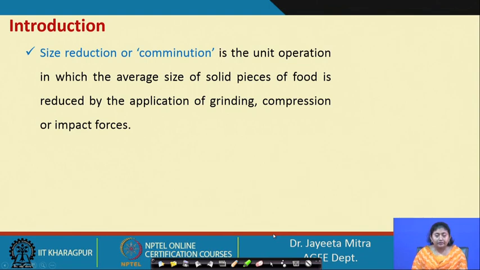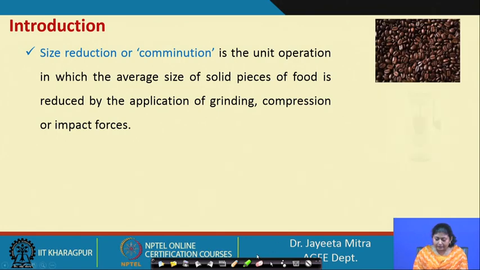Now, there are different forces that we use to reduce the size of the particle from the bigger one to the smaller one, and we will see that most of the time these different forces do not work alone in a particular operation. A combination of more than one type of force may work on the particle.